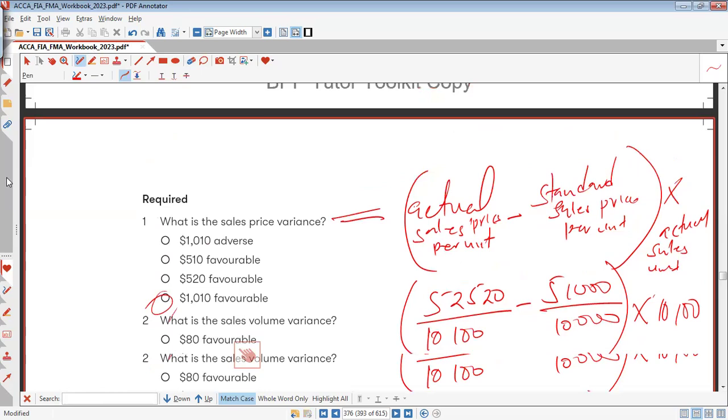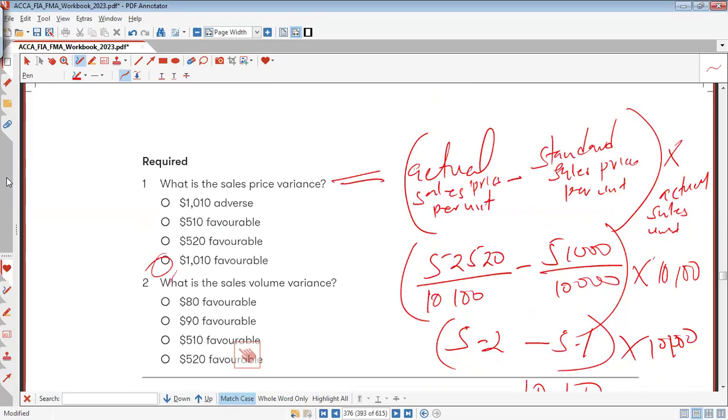Favorable. Okay. So for the sales price variance, you compare actual and standard sales per unit. Why I'm insisting on per unit is so that you don't get lost when you're computing it.